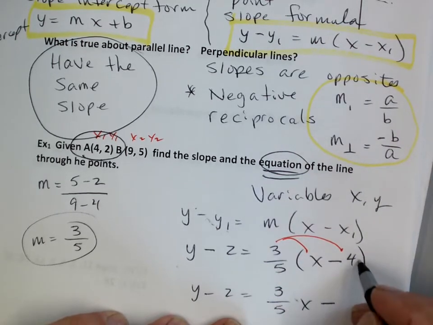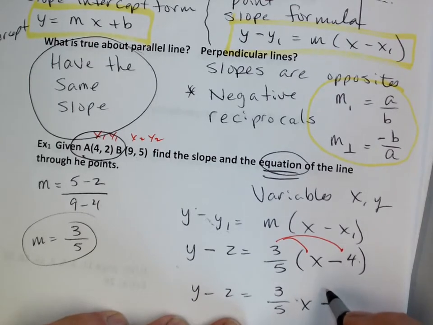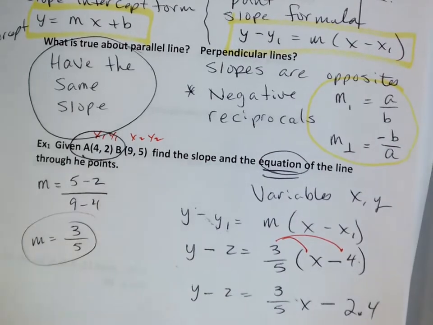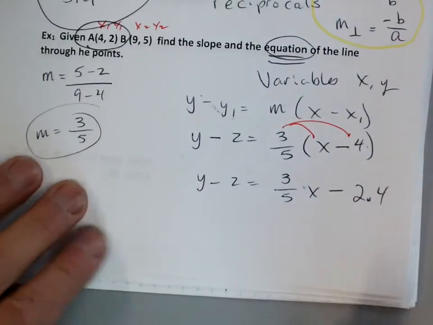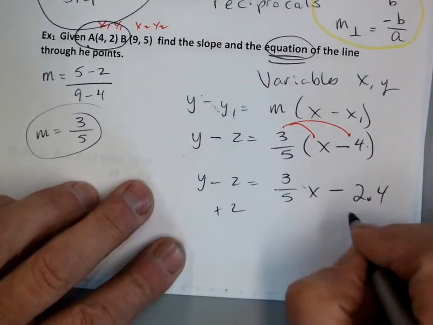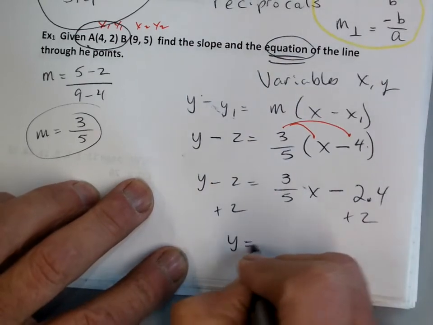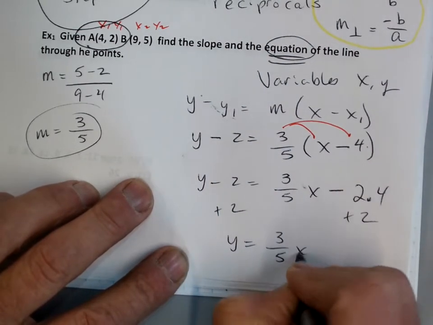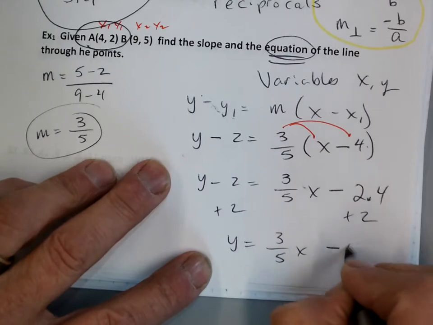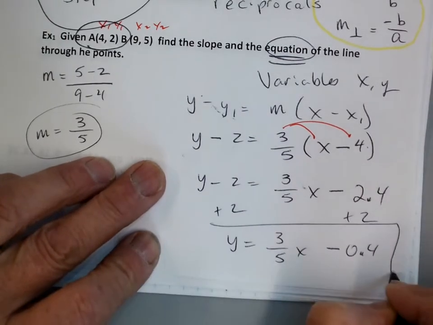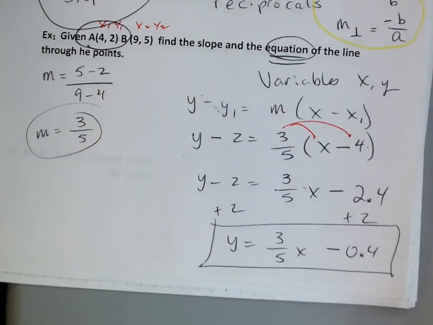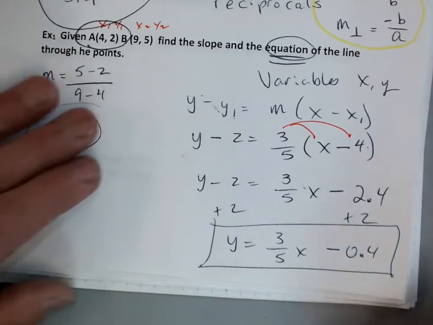Okay, right, 12 divided by 5: 5 goes into 12 two times with 2 left over, so 2.4. And then finally plus 2: y equals 3/5 x minus 0.4. How's that? You like my formula? It actually makes it pretty easy, doesn't it? I like that formula.